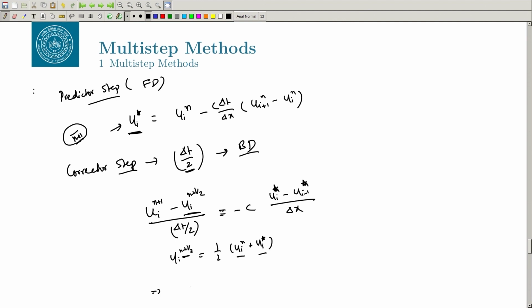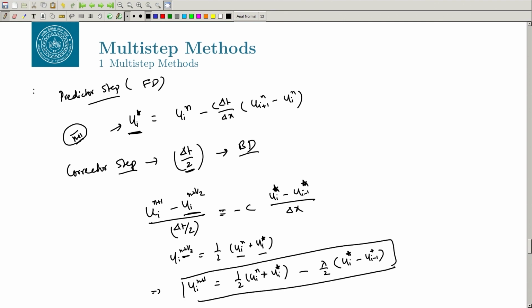Ultimately your scheme will become u_i^{n+1} equals half of u_i^n plus u_i star, which is the predictor value, minus lambda by 2 times u_i star minus u_{i-1} star, which we have predicted earlier.